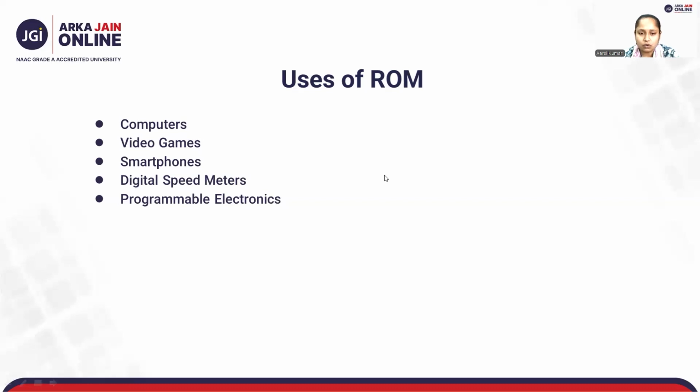Video games. ROM is widely used in video games. Game data was previously stored on ROM cartridges in earlier gaming consoles and portable devices. These cartridges carried the game's code, graphics, sound, and other components on ROM chips. A gaming console loads the game when you insert a game cartridge by reading the data from the ROM chip.